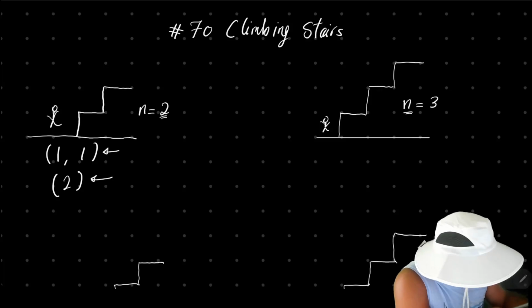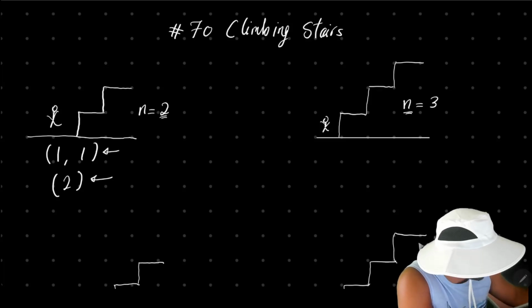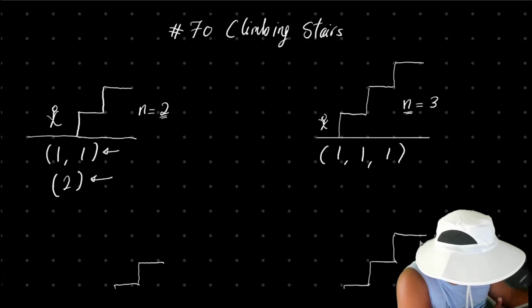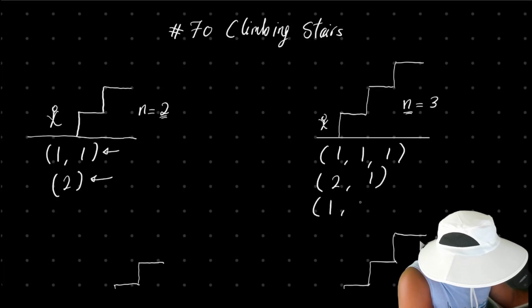Okay, let's look at the one on the right side. This guy can go 1 step, then 1 step, then 1 step, or he can do 1 step and then 2 steps, or he can do 2 steps and then 1 step, right? So let's write them down. 1, 1, 1: the summation is 3. 2 and then 1: the summation is still 3. 1 and then 2.